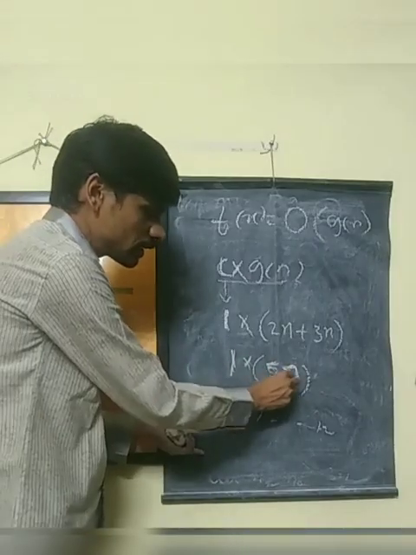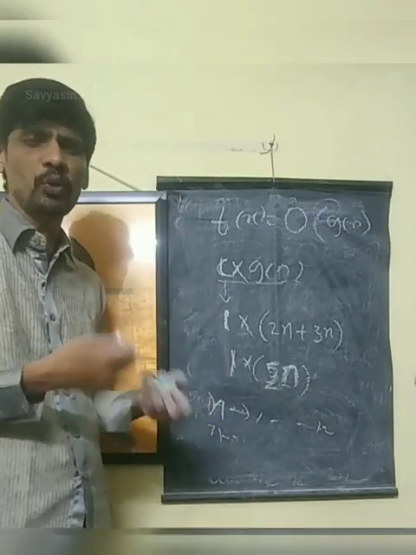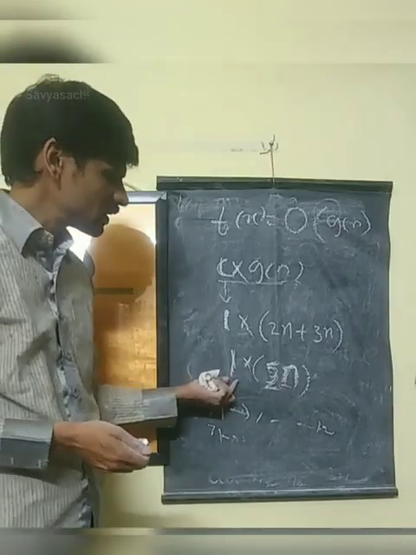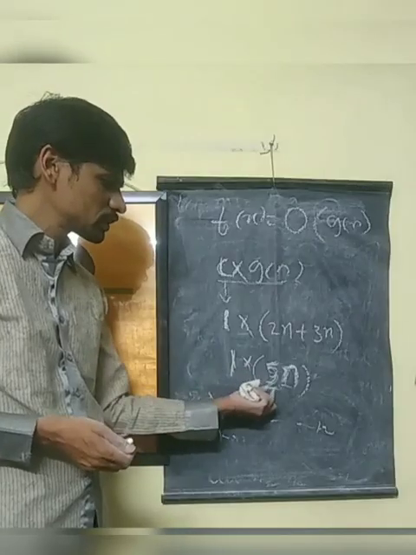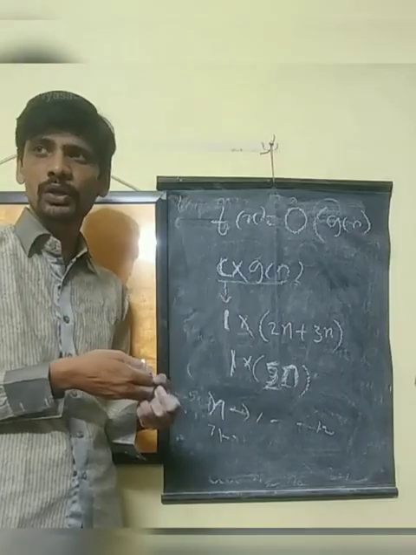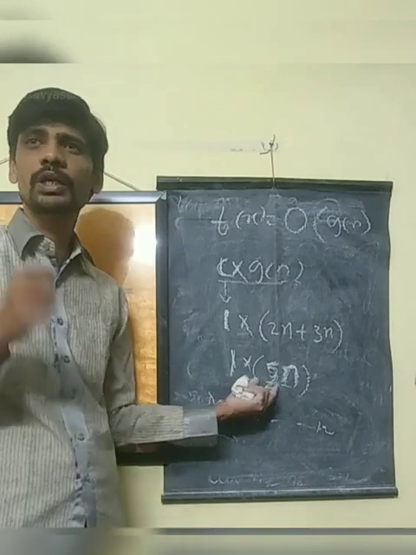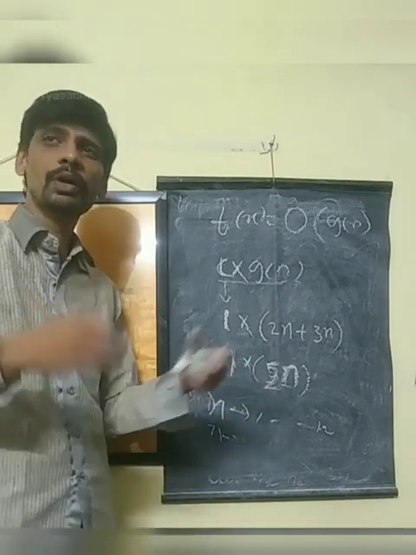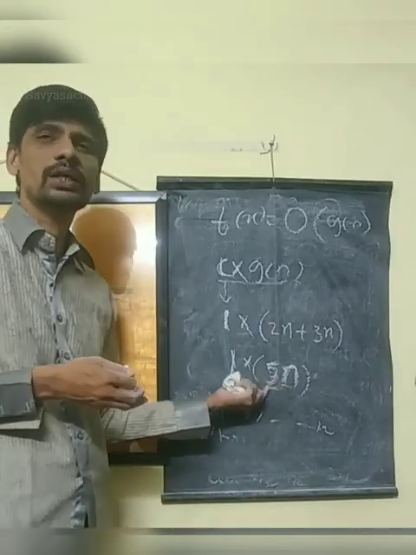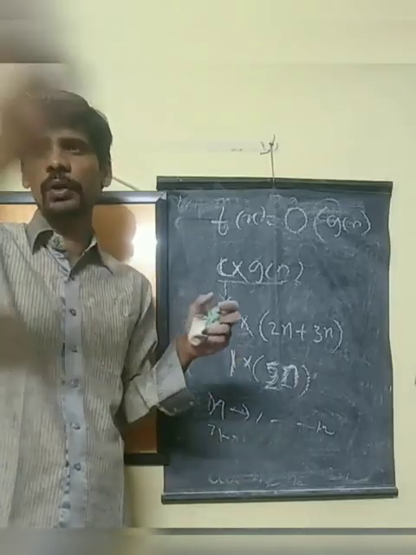But when I increase n to 1 lakh or 2 lakh or more, these constants won't be that significant. When you take a small input, these constants play a significant role. But when you take a huge input n, these factors won't be that significant.